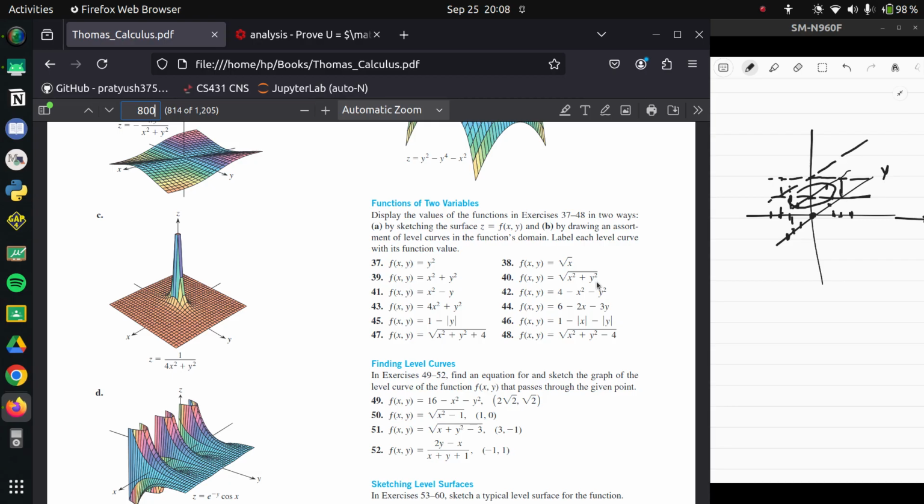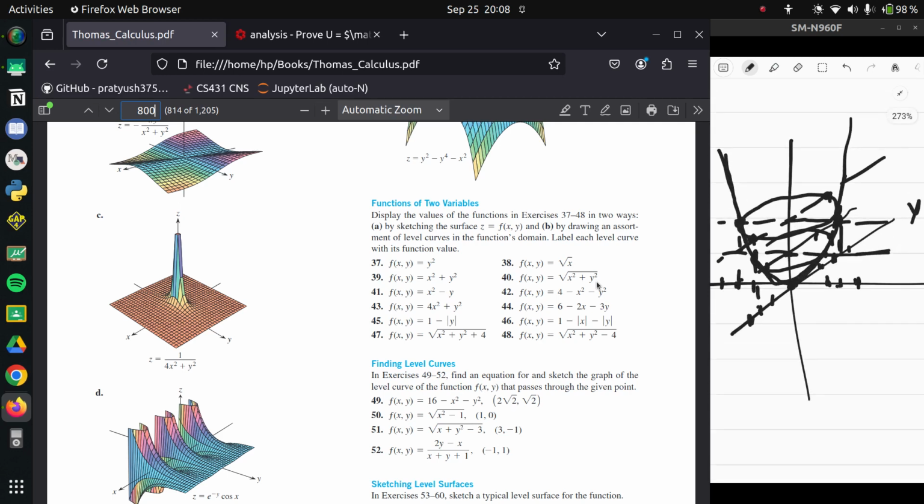Oof. I just don't know what I'm doing. I really don't know. Okay, so that's what the surface looks like. It's something like this. Okay, wow, this is bad.